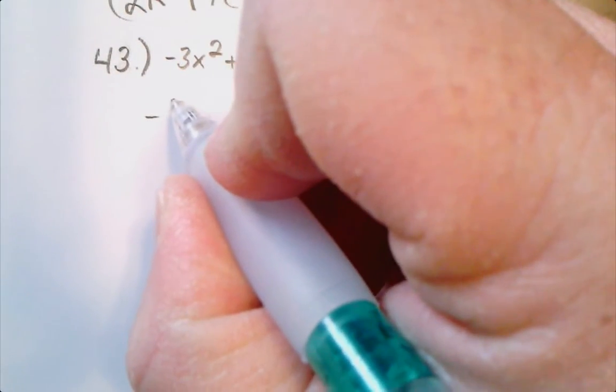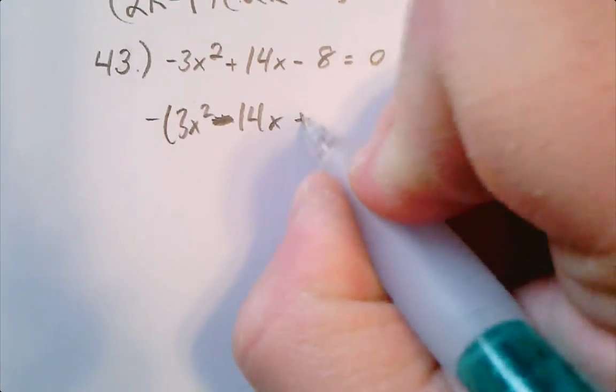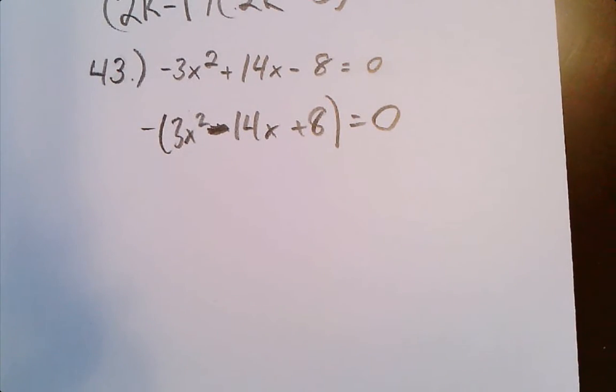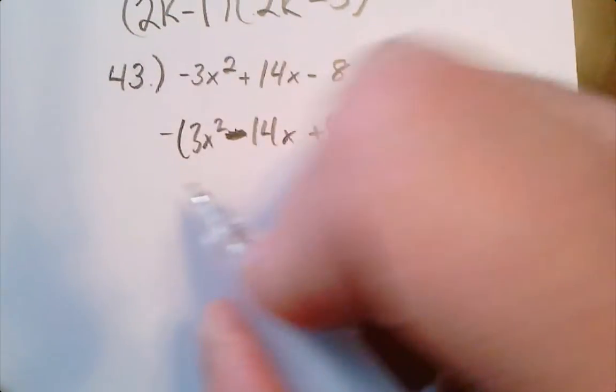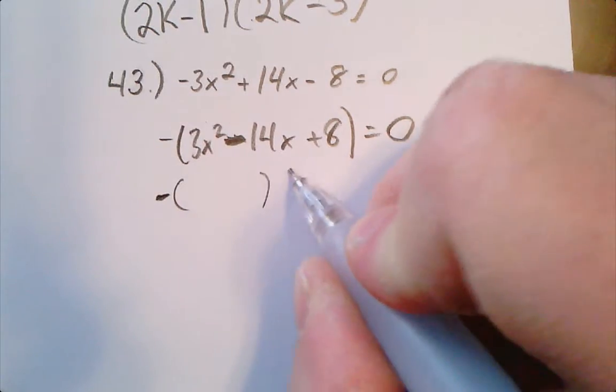Number 43, let's see how you did with this one. So again, that pesky negative, we're going to get used to factoring that out. 3x squared plus, minus 14x plus 8 equals 0. So for these, you do need to solve them. So after we get our two binomials, we'll set them equal to 0. So I'm going to make this a negative out here. Keep that there. My binomial is equal to 0.